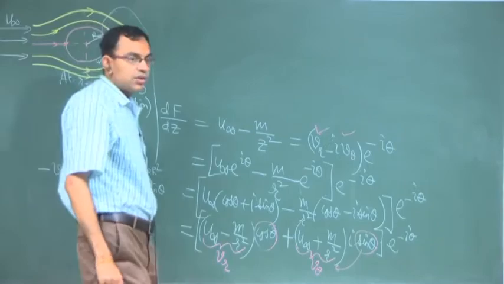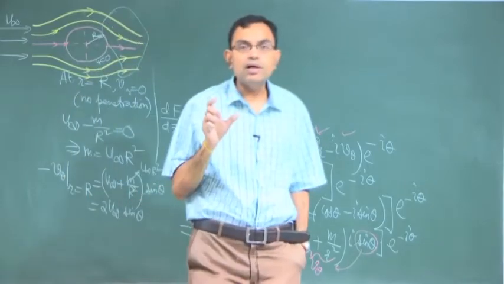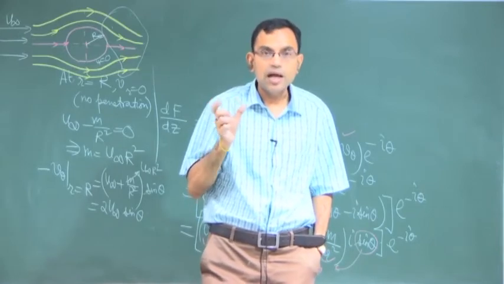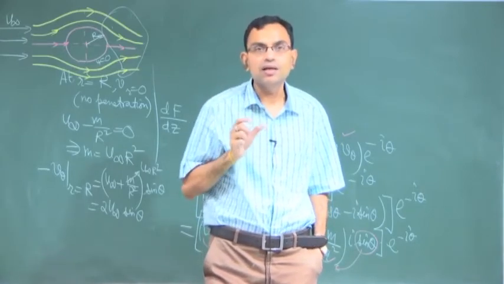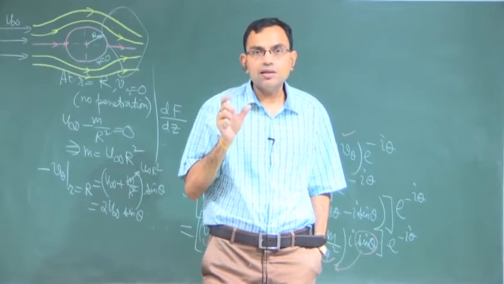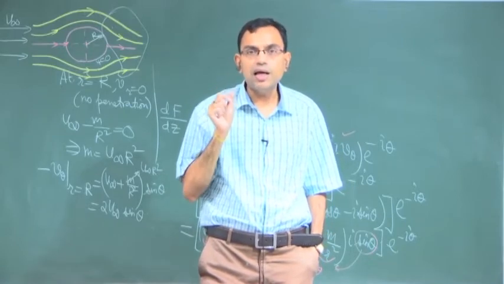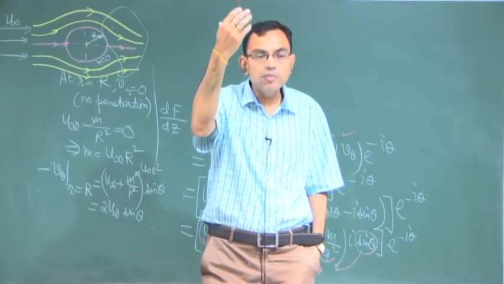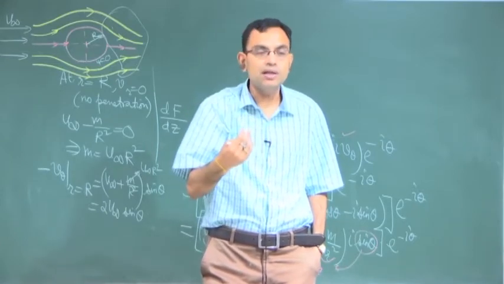What we will calculate is the pressure distribution on the surface of the cylinder, and this is very critical, you know why. As per the theory of boundary layer, the pressure distribution outside the boundary layer is imposed on the fluid in the boundary layer itself.